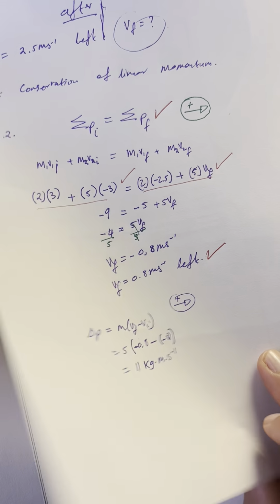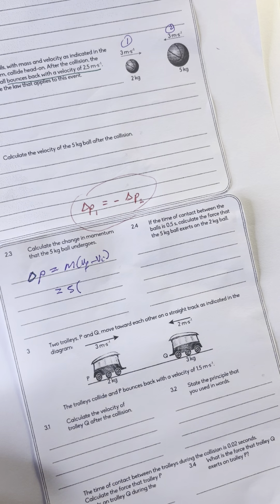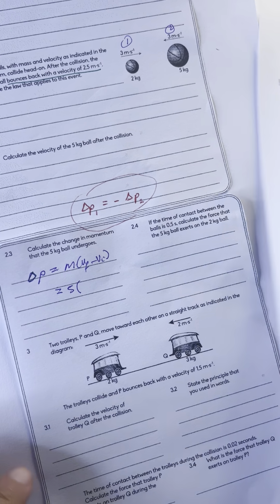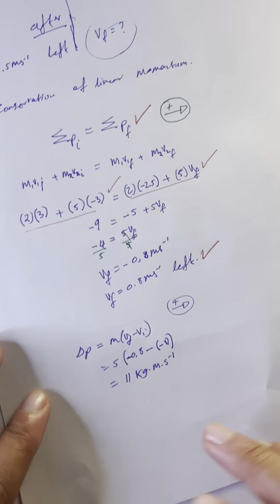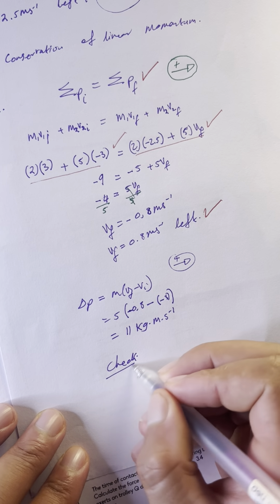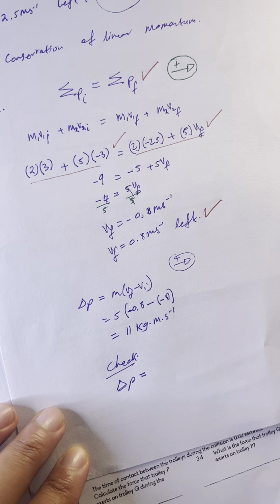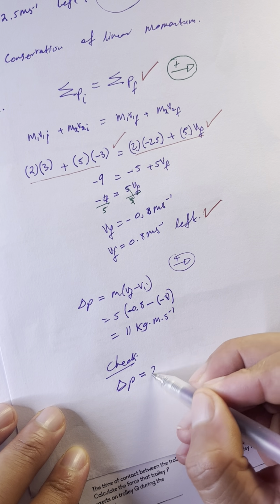I said to you that the change in momentum is the same. It differs in the sign only. So let's see, for instance, just to check, the change in momentum for the other block will be the mass. The other block is 2 kilograms, so it's 2.